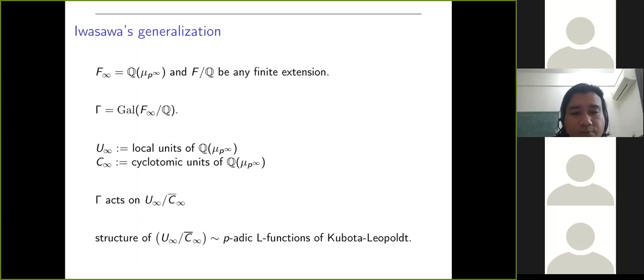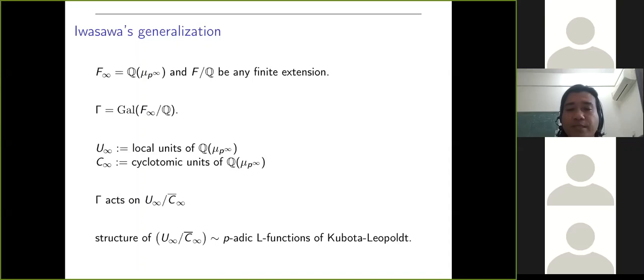The structure of U infinity mod C infinity bar, this module, he saw is going to be torsion as a module over Gamma. As a torsion module, it will have an annihilator, and he saw that the annihilator will be related to something known as the p-adic L function.